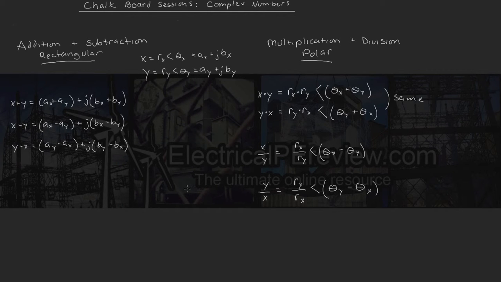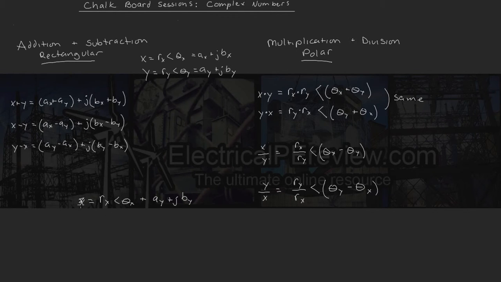Now, anytime you're given, say, a vector in polar, x equals Rx at an angle of theta x, and you're carrying out a problem and you actually have to add this to a rectangular vector, say Ay plus j by, we know we can't carry this out with one in polar and one in rectangular.